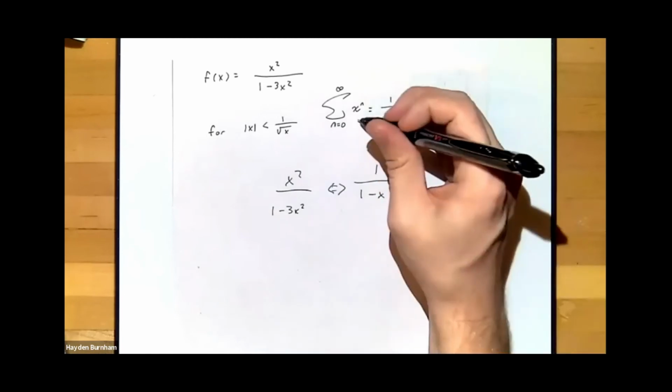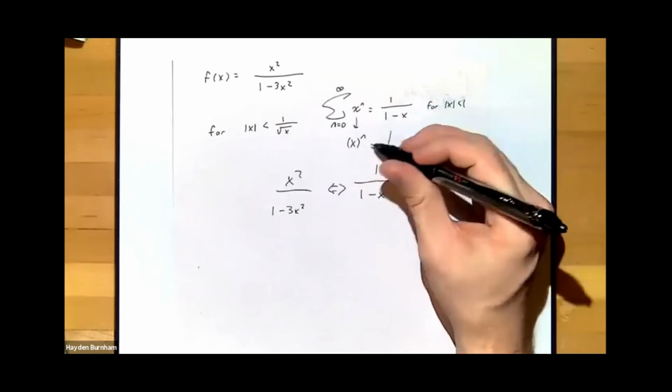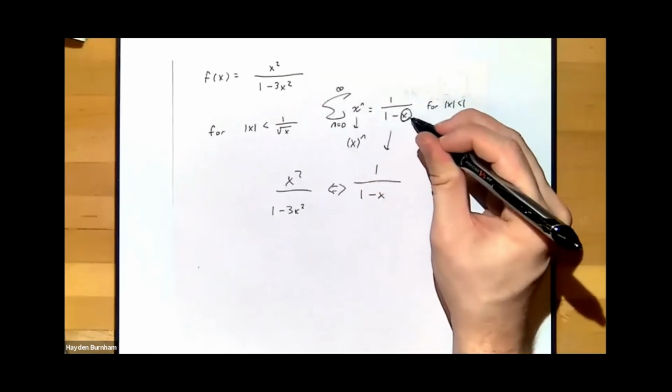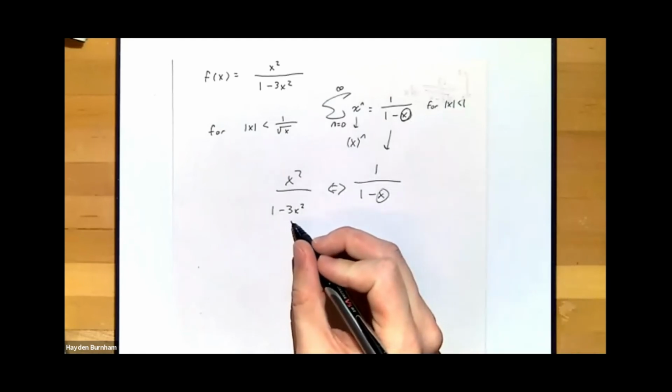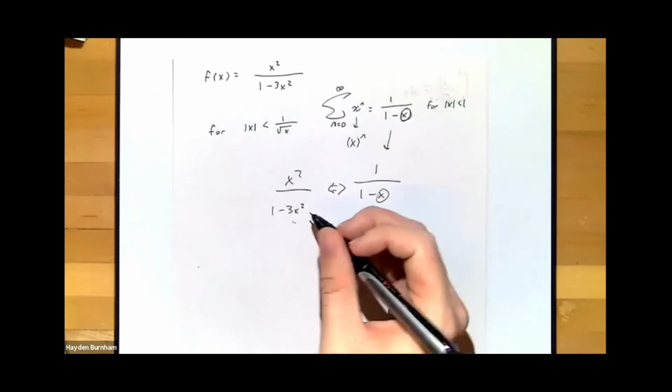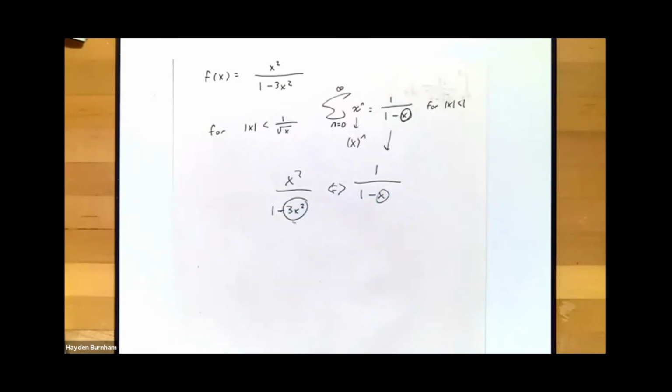And I see in this equation this x to the n. This x is from this part of the equation. Well, when I look at this part, I see that it's no longer an x, but instead it's a 3x squared.